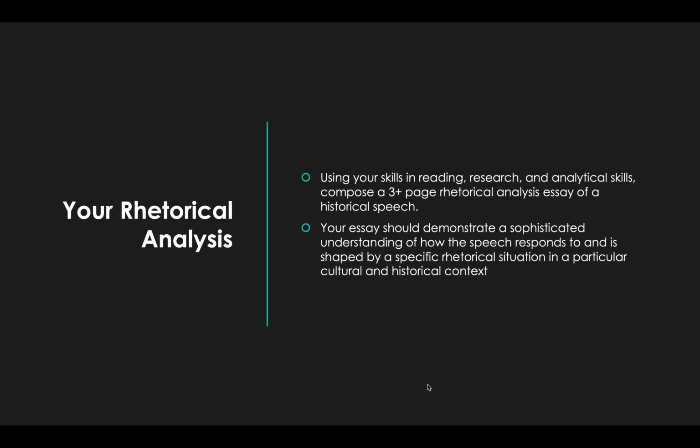So the goal is for your essay to demonstrate a sophisticated understanding of how the speech responds to and is shaped by a specific rhetorical situation in a particular cultural and historical context. So basically what you're going to be doing is looking at a speech and analyzing how well it addressed whatever the issue was at the time.